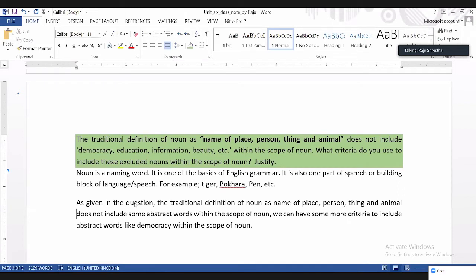Is given in the question: the traditional definition of noun is name of place, person, thing and animal, does not include some abstract words within the scope of noun.